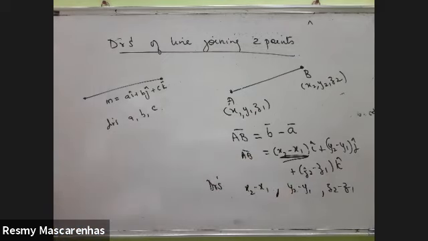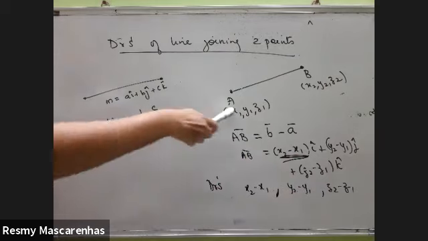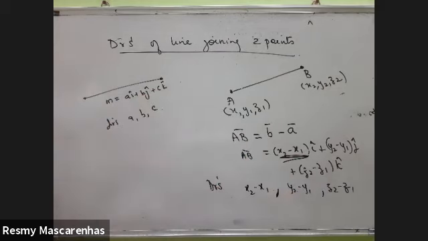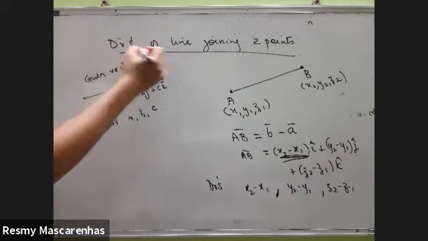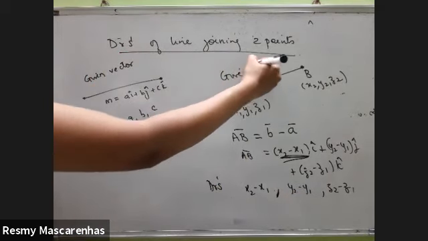Anyone who has not understood how to find direction ratios, these are the two ways: one when the vector is given and the other when two points are given.